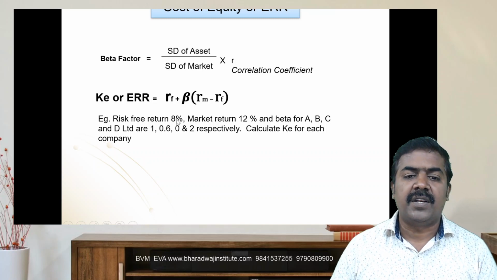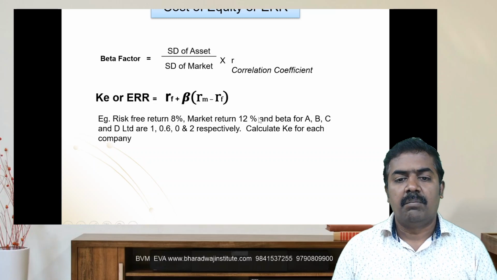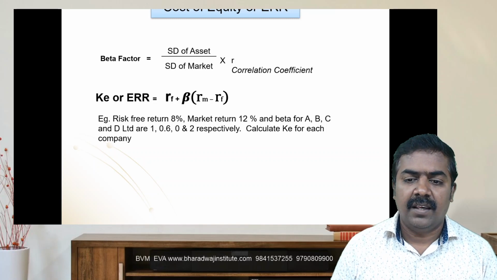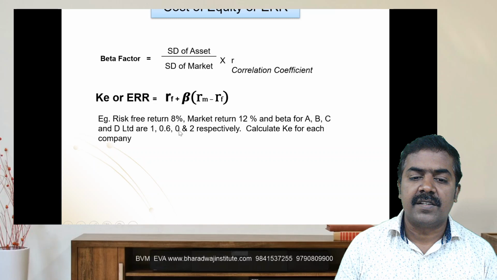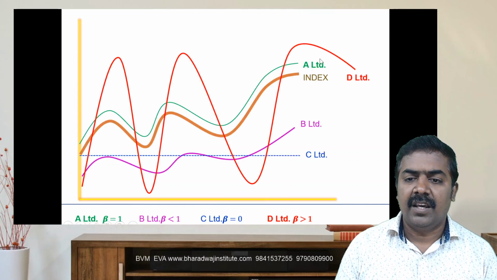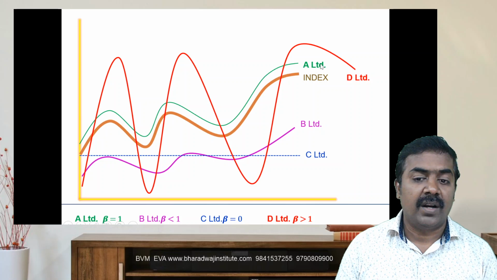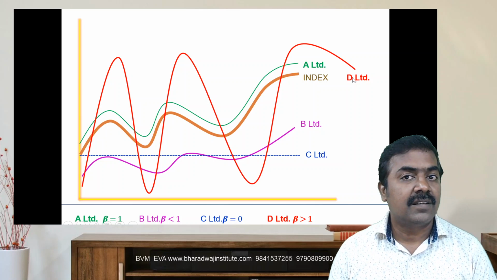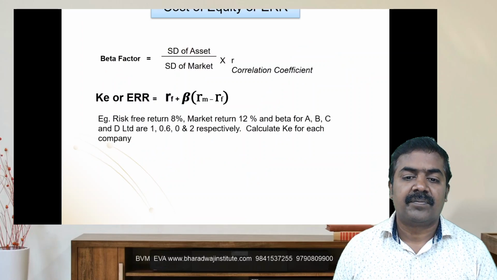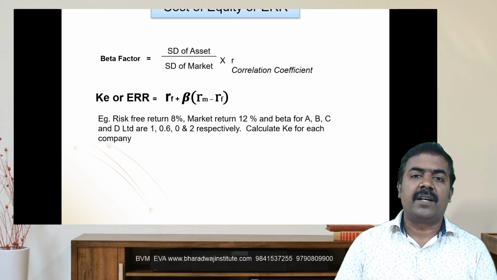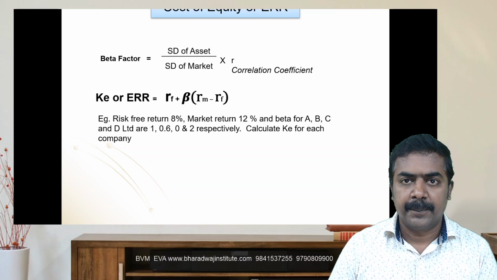Let me read it out. Risk-free rate of return is 8%, market rate of return is 12%, and the betas of A, B, C and D are 1, 0.6, 0 and 2 respectively. Calculate KE, meaning cost of equity, that is the expected rate of return for each company.